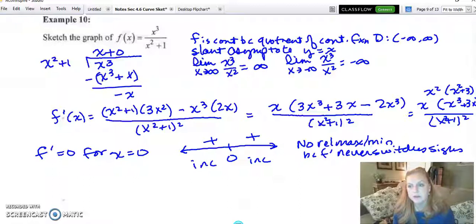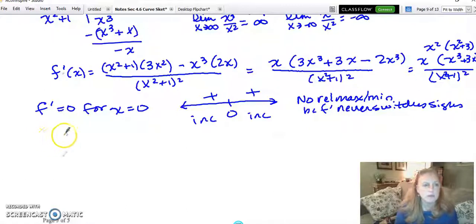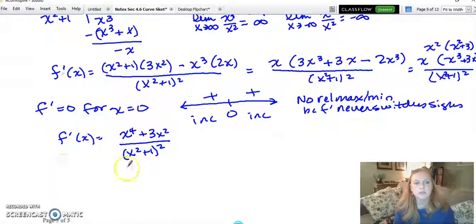So now we'll come down here and we'll find our second derivative. Let's write down what f prime of x is so I have it handy. And I'm going to go ahead and multiply this out because I want the easiest derivative. So it would be x to the fourth plus 3x squared over x squared plus 1 squared. And I'm going to use that to find my second derivative.